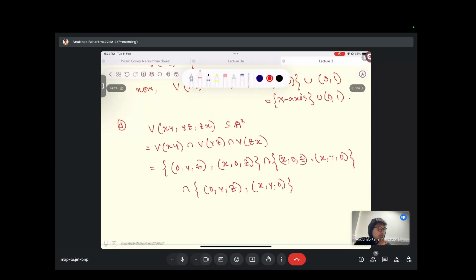So what will be the possible solution? The points are only on the 3 axes, that is the x-axis union the y-axis union the z-axis.